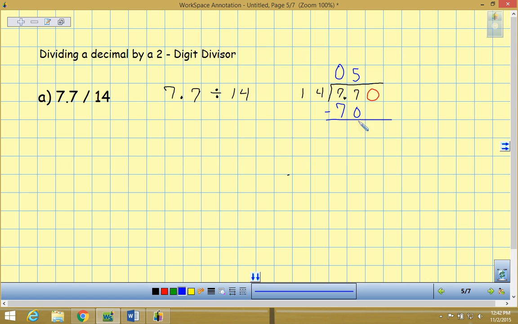So 77 minus 70 is 7. Now I can bring this 0 down. And how many times can 14 go into 70? 5. And 14 times 5 is 70. 70 minus 70 is 0. Final thing I need to do is bring that decimal up.